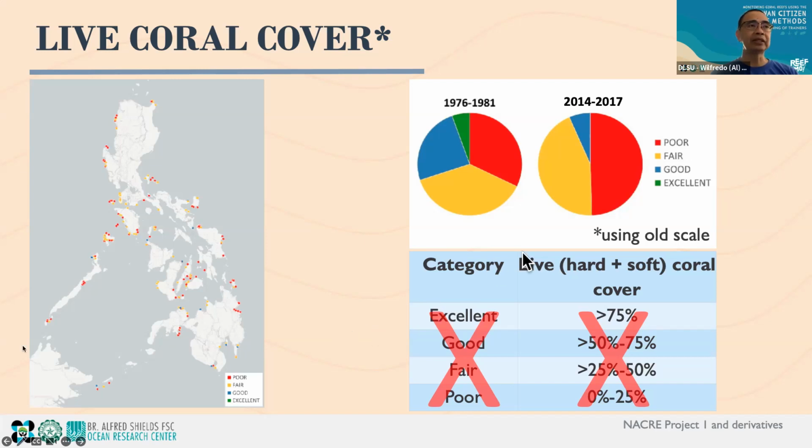It uses soft coral cover, which contributes little to the growth of the coral reef. And that's just two reasons why we do not encourage the use of this scale.